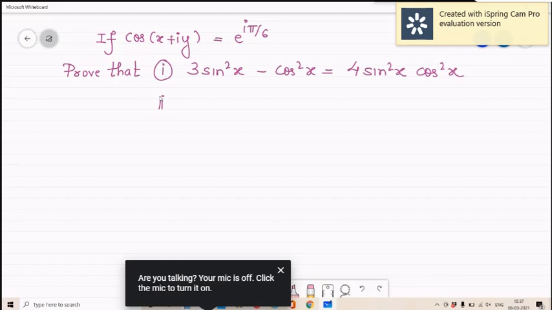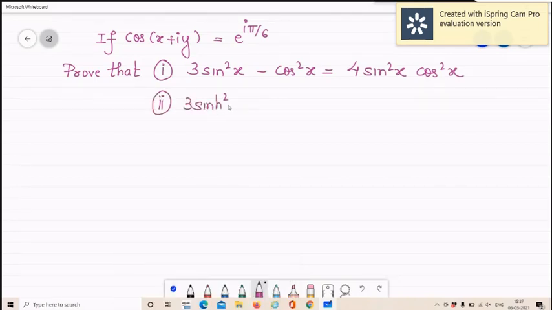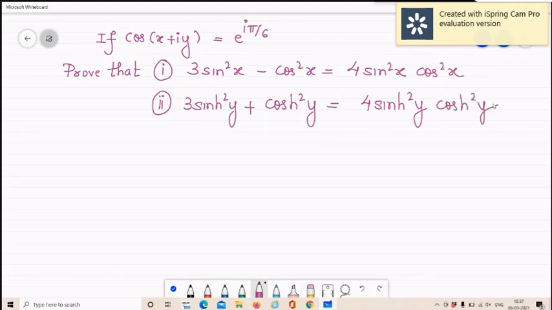And the second relation that you need to prove is 3 into sin hyperbolic square plus cos hyperbolic square is equal to 4 into sin hyperbolic square into cos hyperbolic square. Do you feel the outline of the sum is the same? Yes, ma'am, similar. The start of my sum is similar, then we will check what we have to do for the proof.